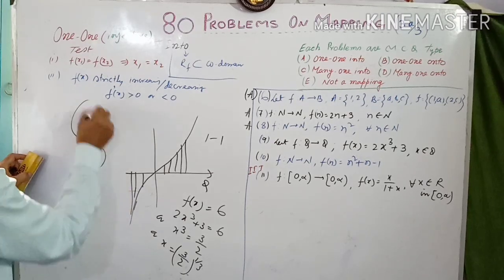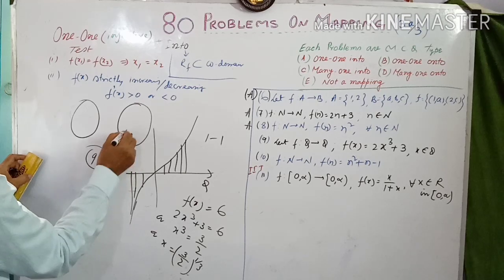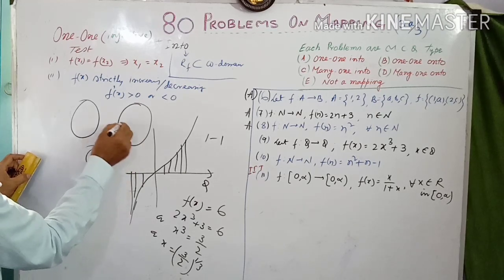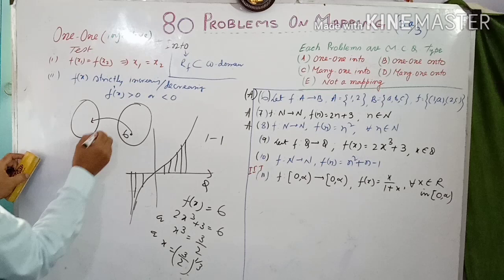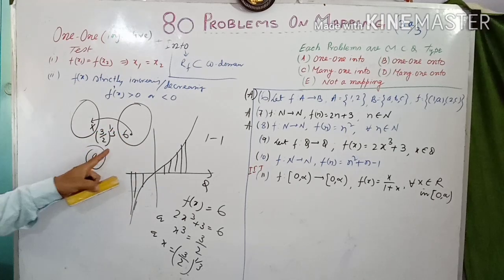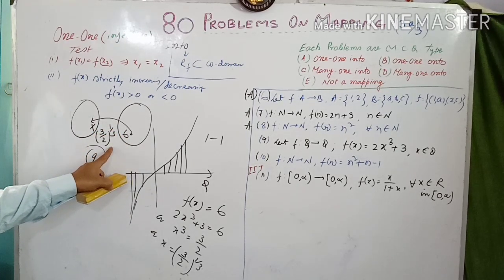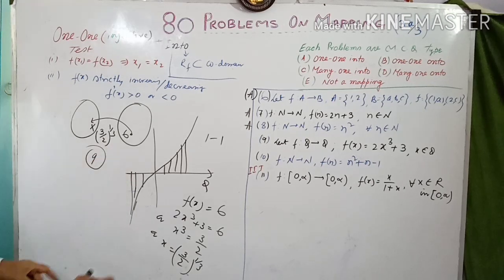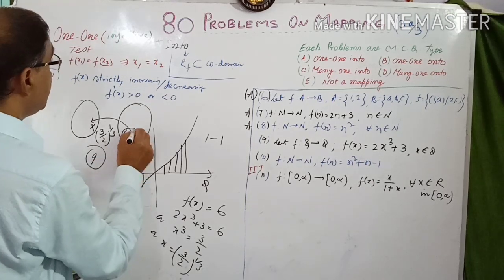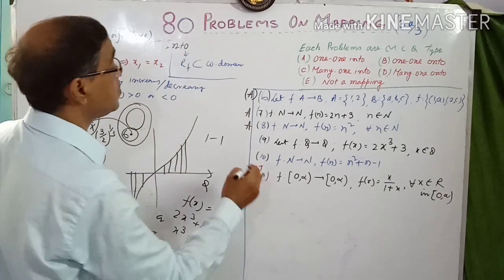Thus, in the codomain set, if we take the element 6, it has no pre-images, because 3 by 2 to the power 1/3 is not a rational number, it is an irrational number. So this type of elements are also excess, therefore it is also into.